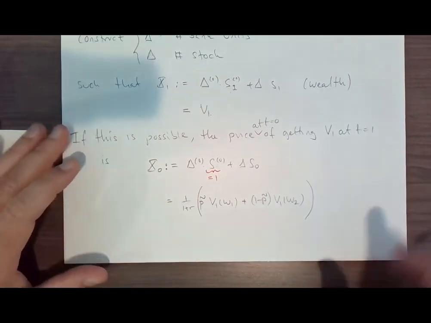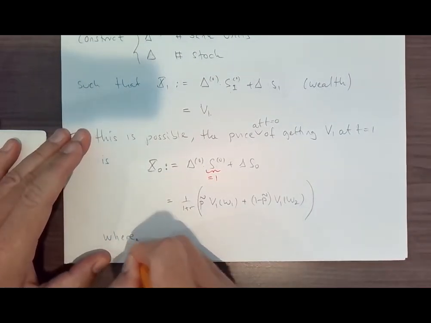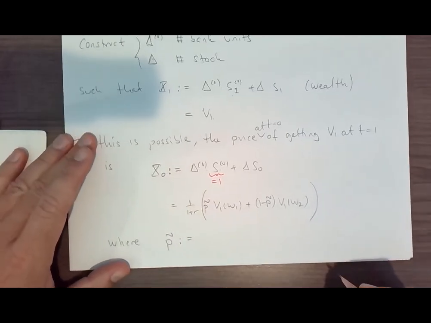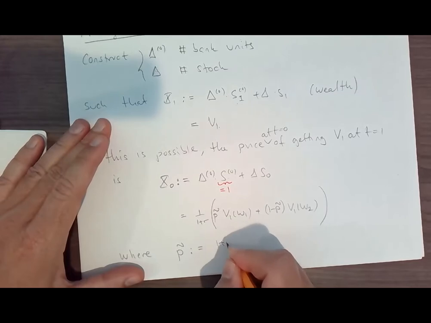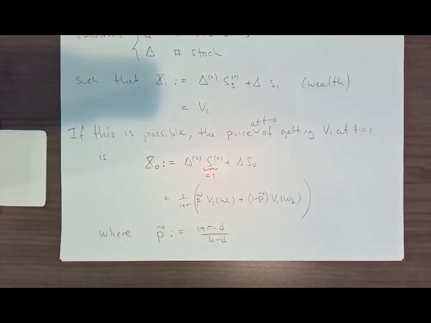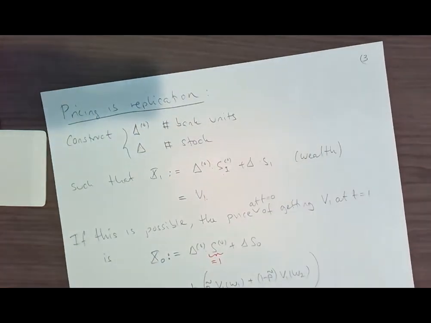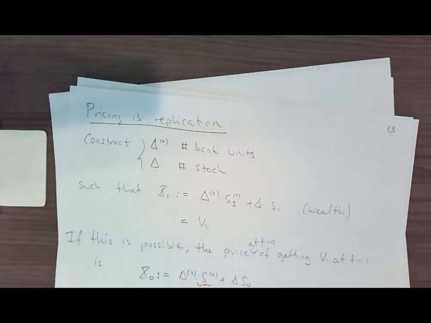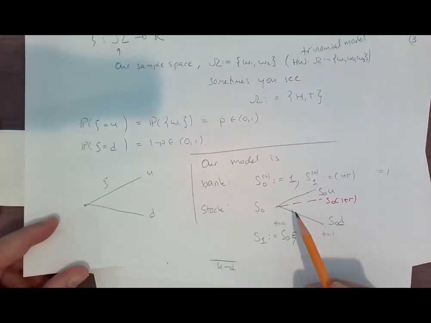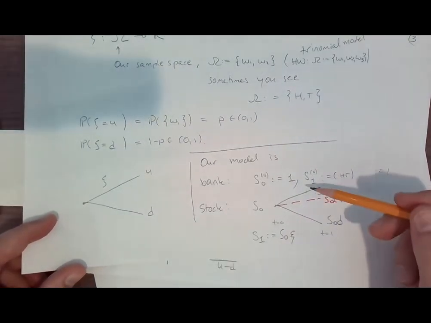Right, and we had formulas for it. P tilde was equal to, what was it, 1 plus r minus d divided by u minus d. Right, and keep in mind, we had this no arbitrage condition from the beginning, saying that the red dotted line sits in between the two solid legs.